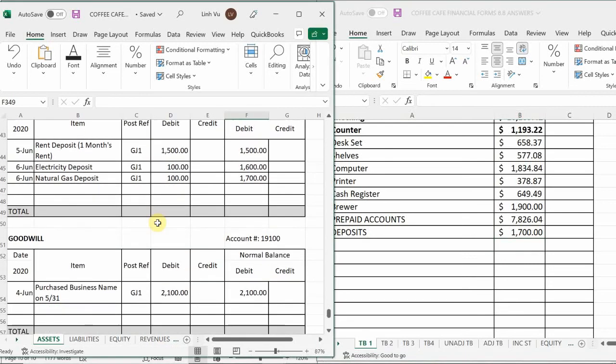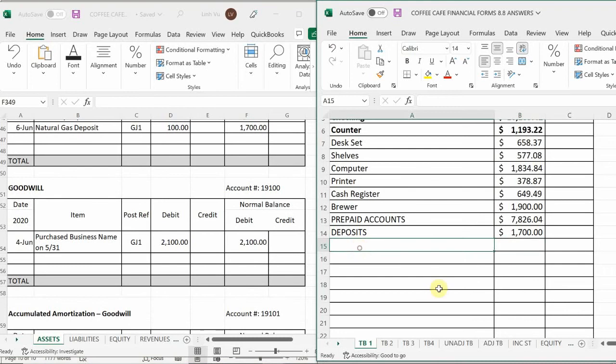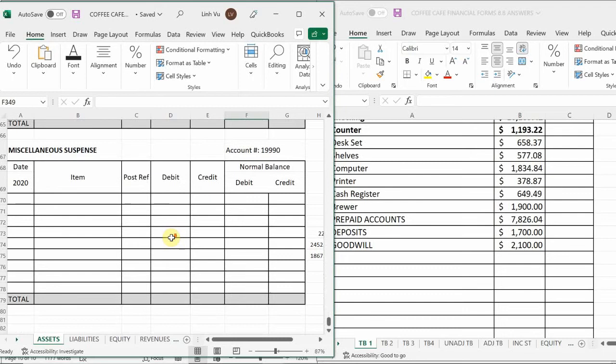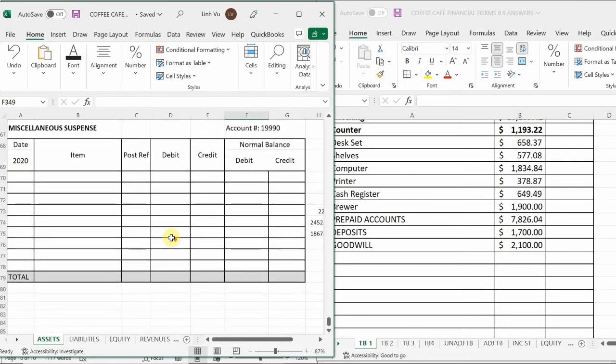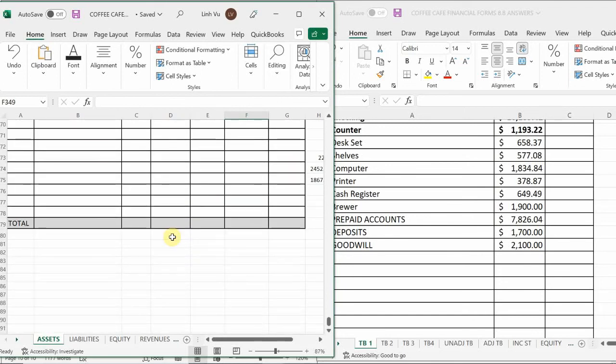Okay. Do I have any goodwill? Yes. For $2,100. Okay. And do I have any miscellaneous expense? Not yet. Okay. And that's the end of your assets. So that's only your assets.